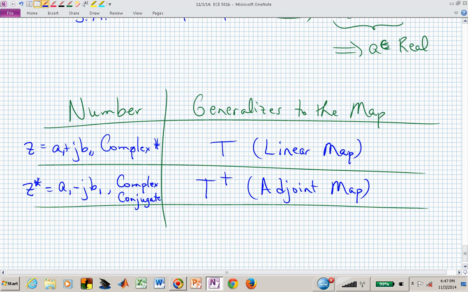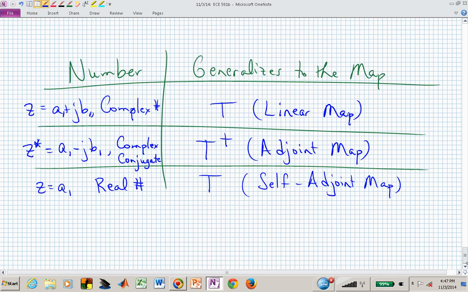Finally, if Z is equal to A sub 1, where Z is now just real, a real number, then T is a self-adjoint map. Now we've defined some of these concepts.